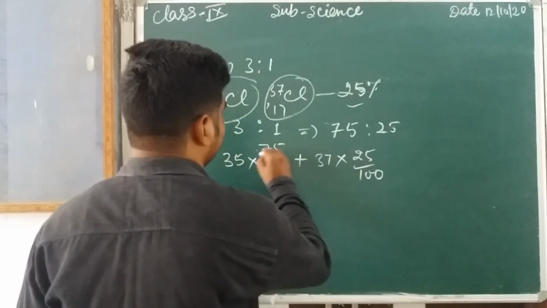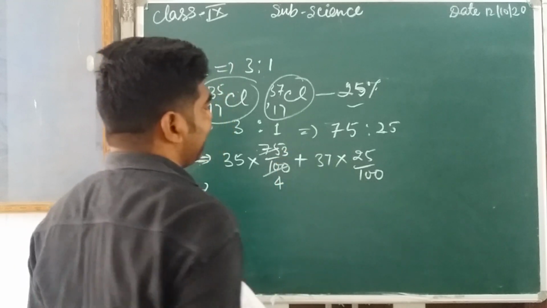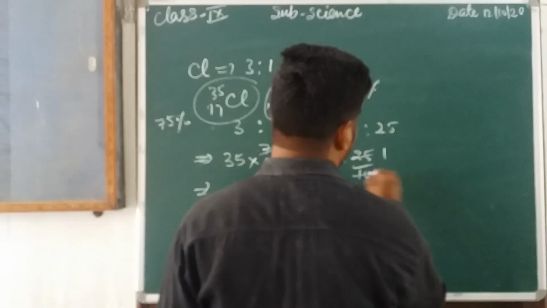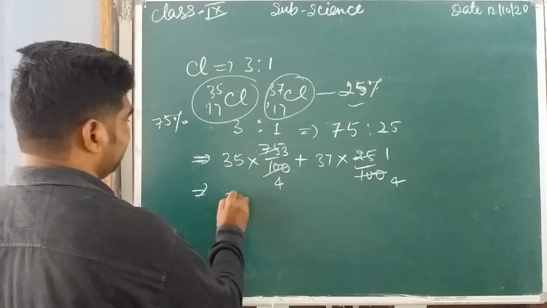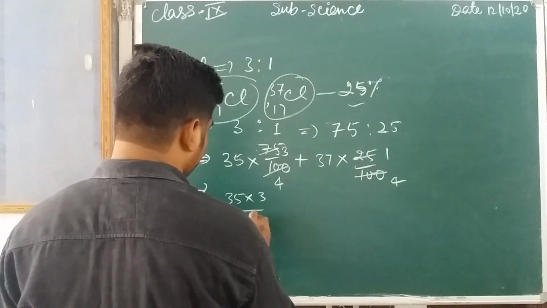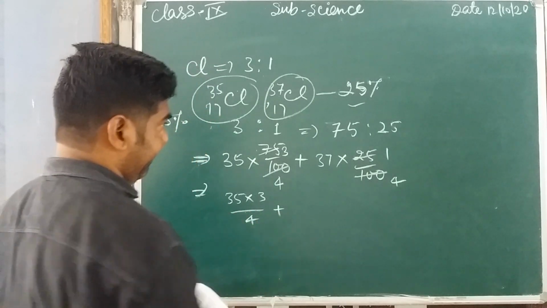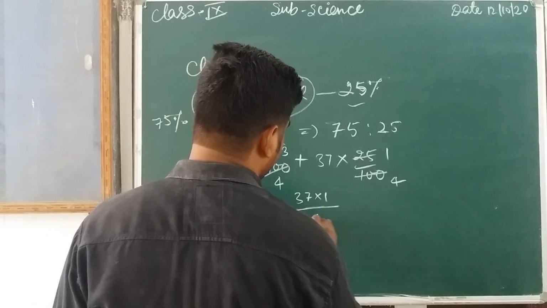Now we can cancel it: 25 with the 25, 25 fours are 100 and 25 threes are 75. So it becomes 35 into 3 divided by 4 plus 37 into 1 divided by 4.